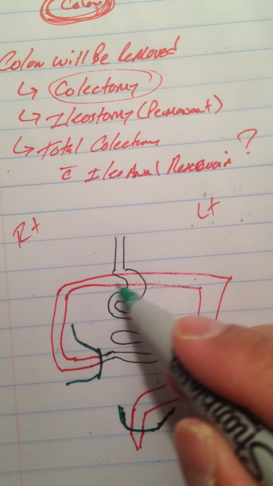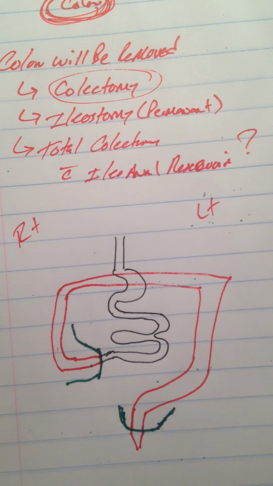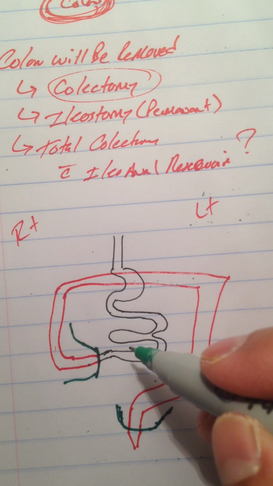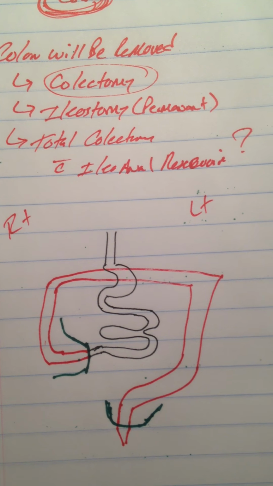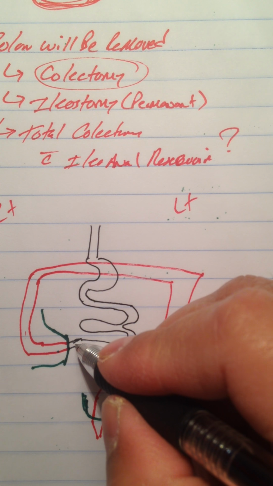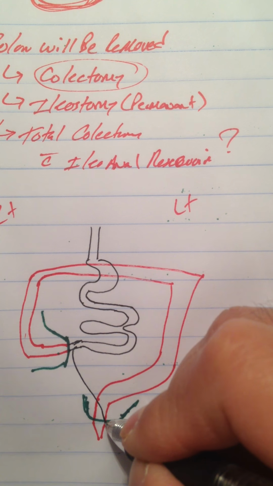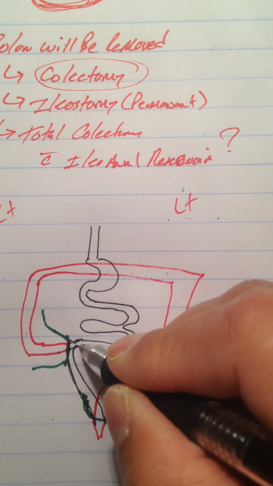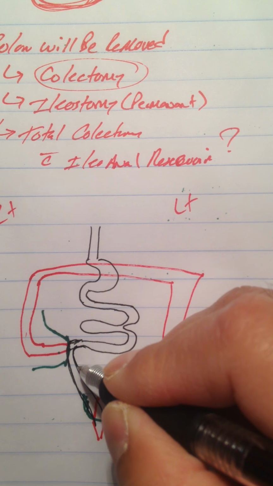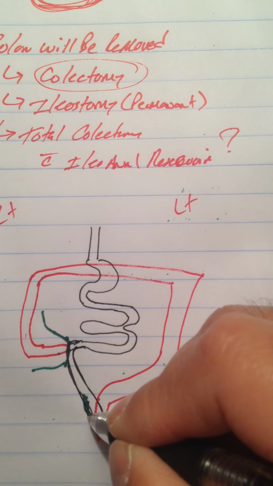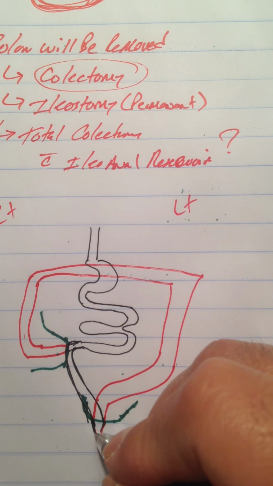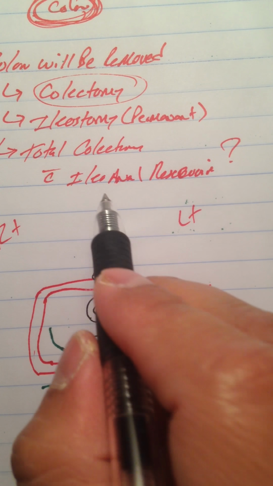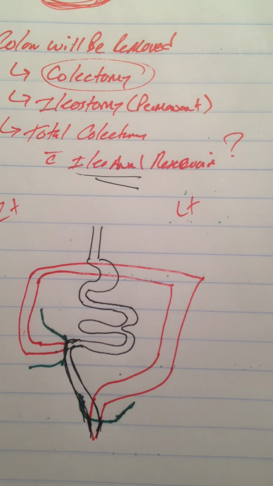So this will all be removed. So if you could just imagine, I'm going to yank that off. And all you're going to be left with is the small bowel. Now what will happen is they will redirect this to come down here. And that is your ileoanal reservoir. So the ileum will be connected to the anus, hence ileoanal reservoir.